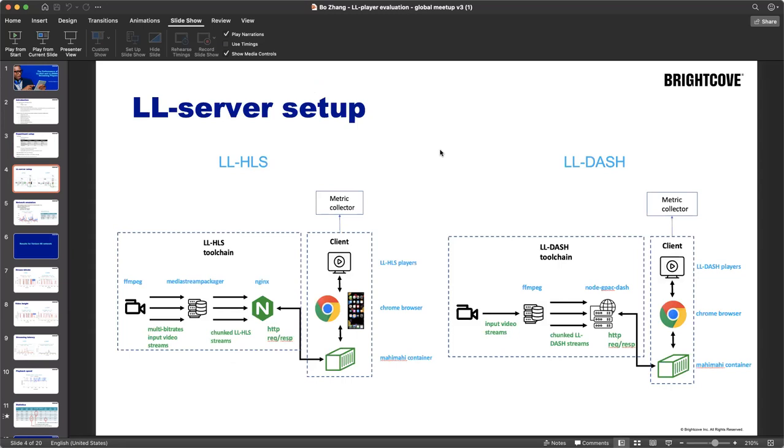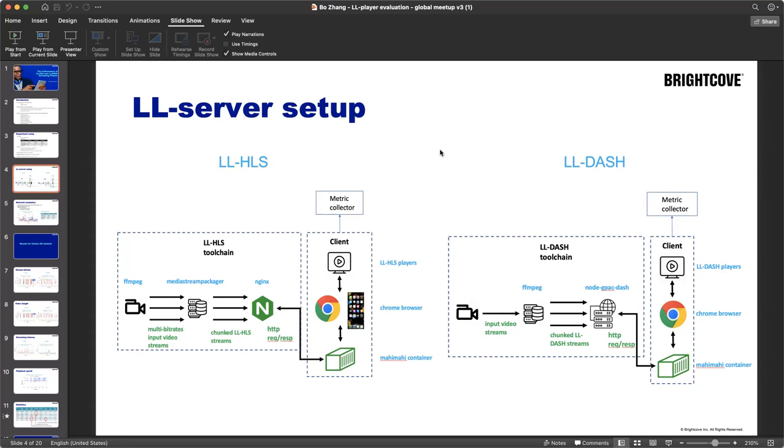This is our low latency streaming server setup, the workflow. For HLS, we have FFmpeg generating a multiple bitrate input video stream and sending it over to the media stream packager, which is a part of the HLS reference tools. Then the media stream packager generates the chunked low latency HLS stream and pushes it to Nginx, which is the streaming server.